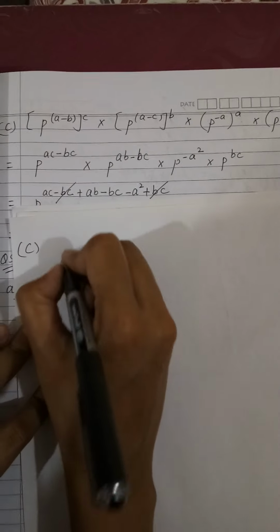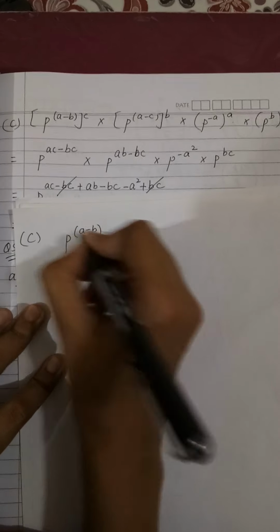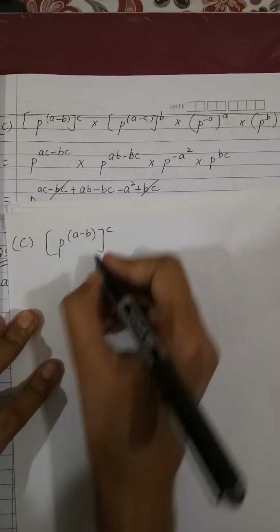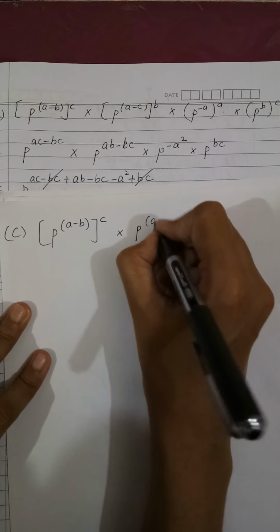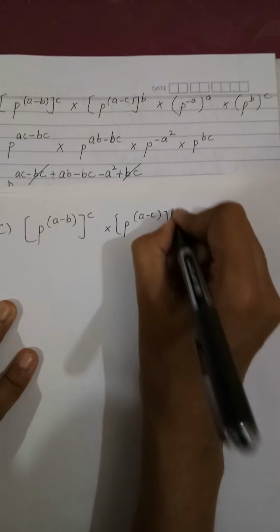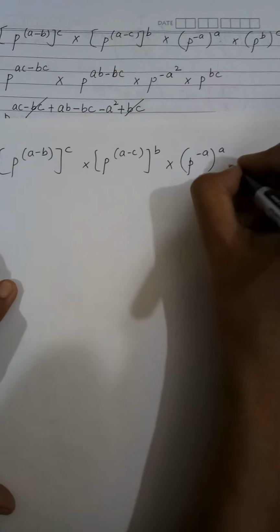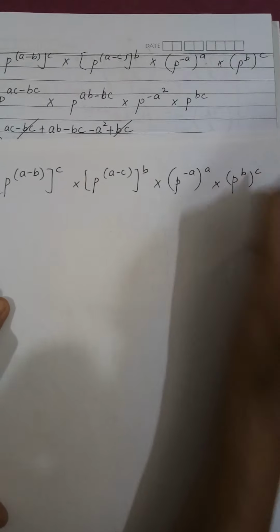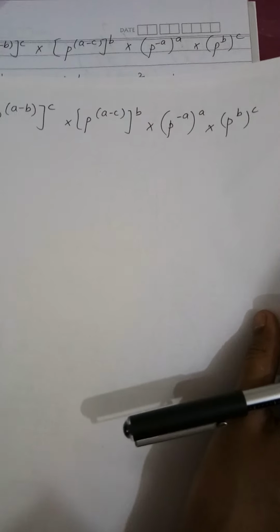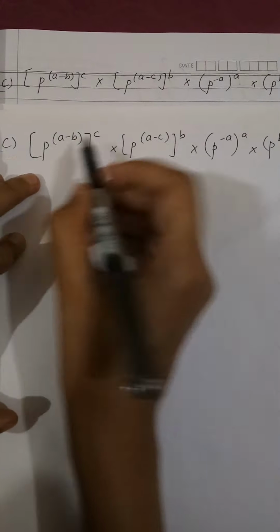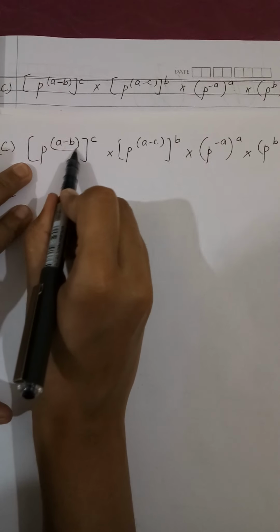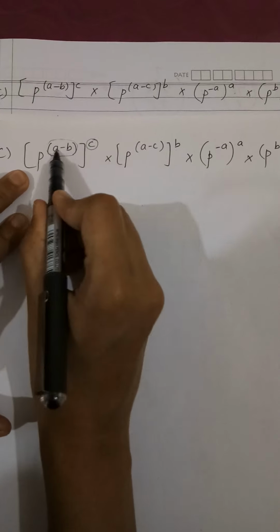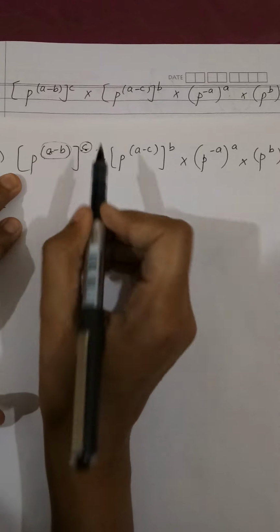Now C part is p^(a minus b) whole power c, into p^(a minus c) whole power b, into p^(minus a) to the power a, into p^bc. Now how are you going to solve such a question? See, can you see that this is one power and this is the second power, and I can multiply these two powers, right?